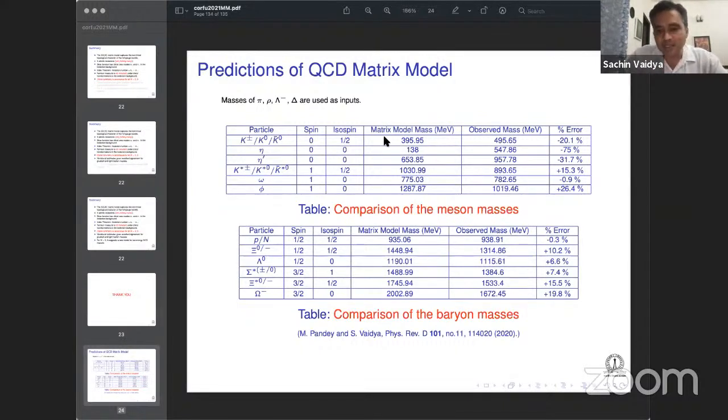We know that it is because our ansatz for the glue part in the variational calculation was not big enough. So we are working on a bigger trial set, and with it we are optimistic that our predictions for K, eta, and eta prime will also improve.